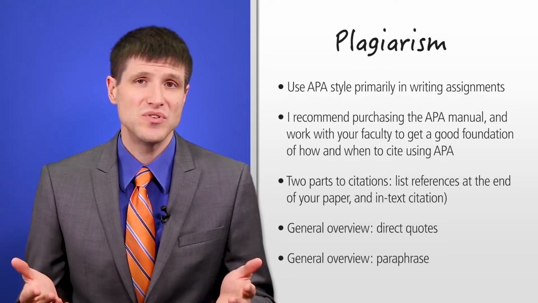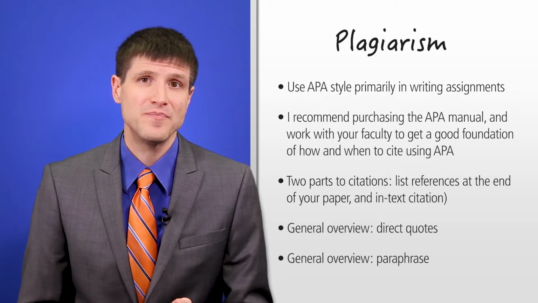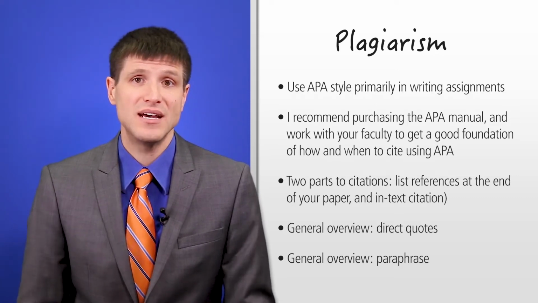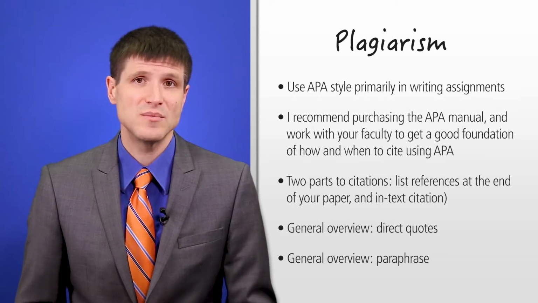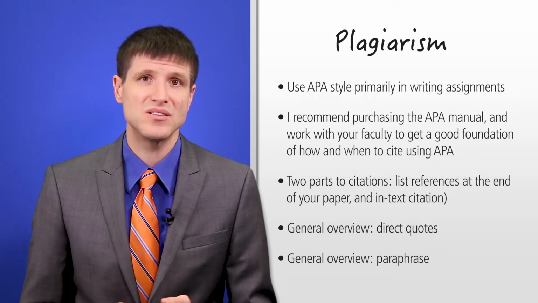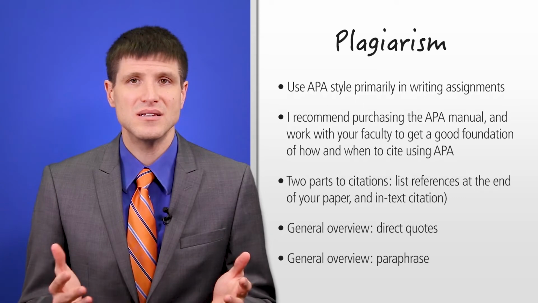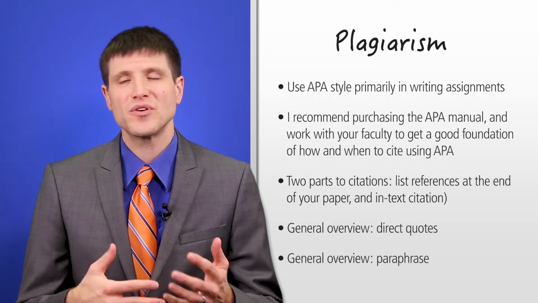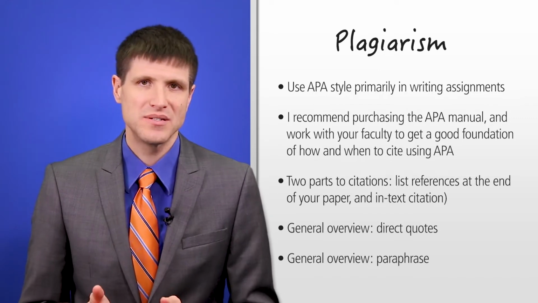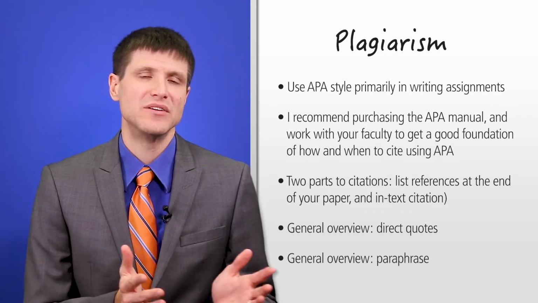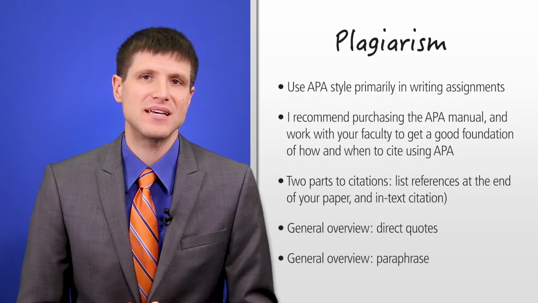Now, you may choose not to directly quote something, or your instructor may even say, I don't want you to directly quote it, I want you to paraphrase what somebody else has already written. And so what that means is the words are going to be yours, but the ideas still came from somewhere else. And so you are still going to give credit for where those ideas came from.